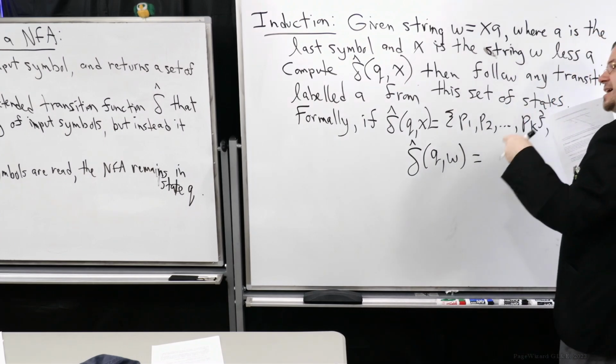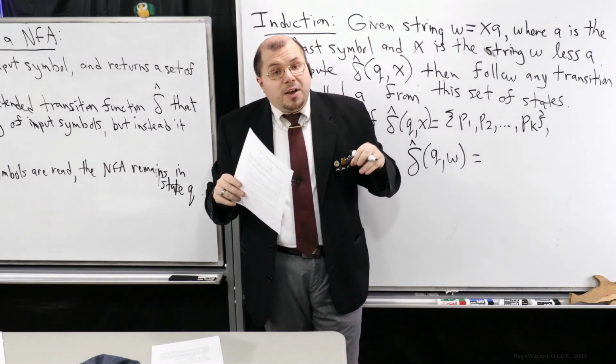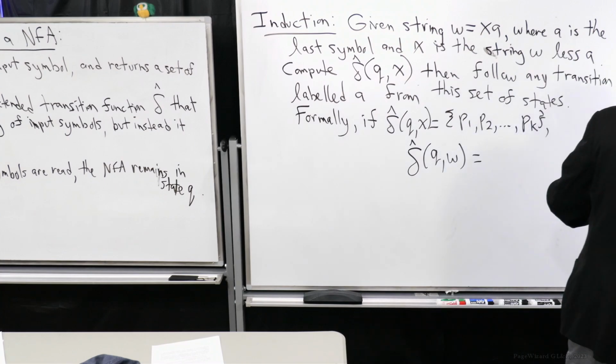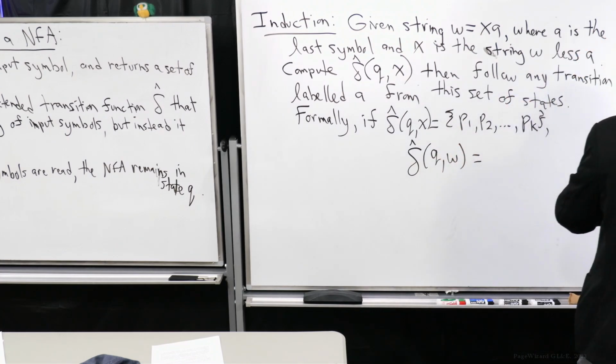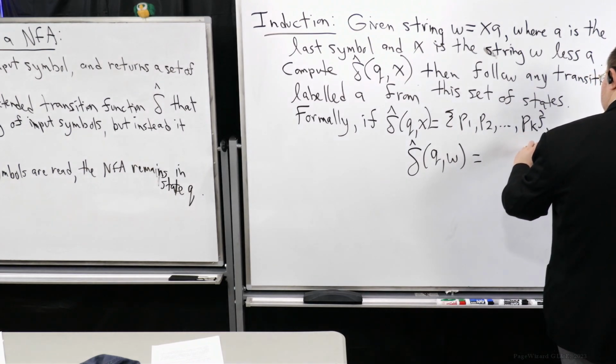Like I said, you're going to follow with your finger each of the transitions of the set of states on a. Some of them might die or get killed, quotation marks, but other ones may successfully find another set of states or just another state.